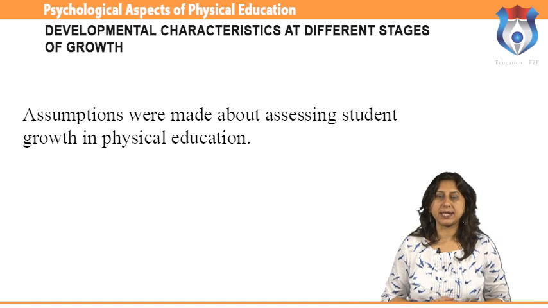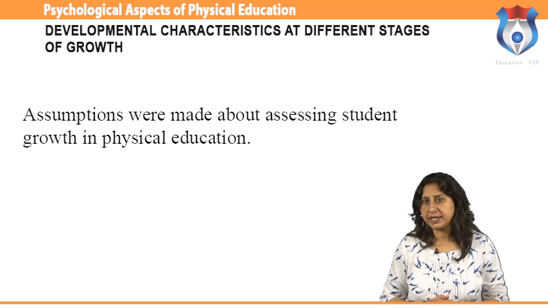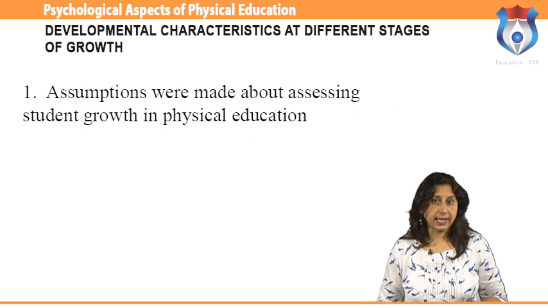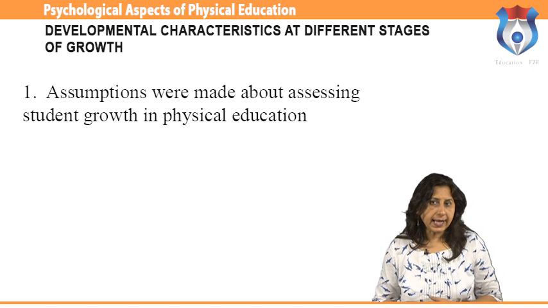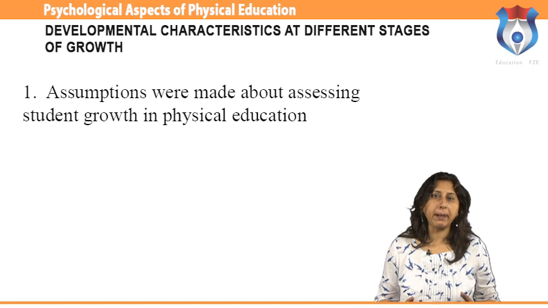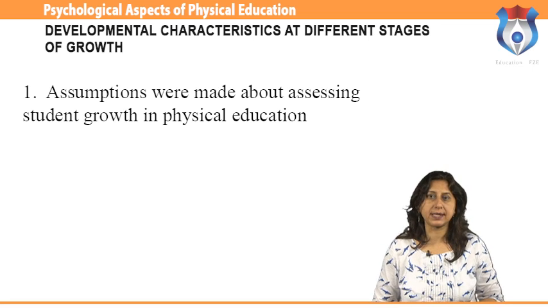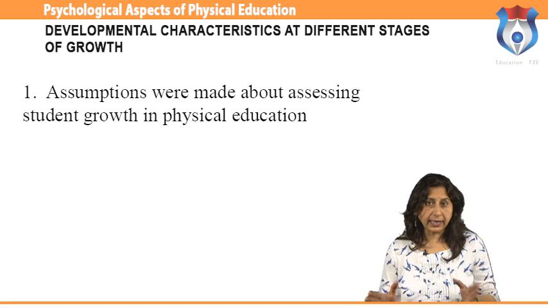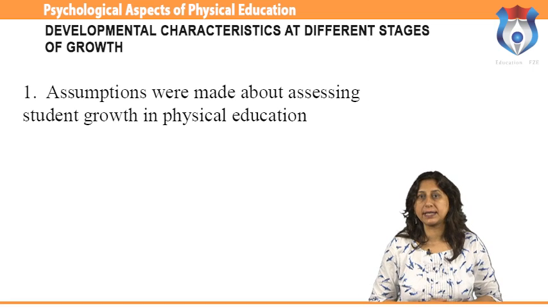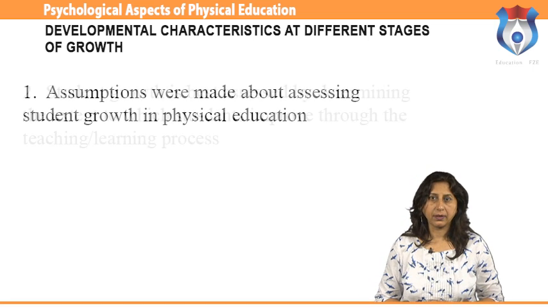Assumptions were made about assessing student growth in physical education. Assessment should not be new to physical education teachers. Assessment should be an ongoing part of the teaching learning process. Both formative and summative assessment should be an integral part of a quality physical education program.